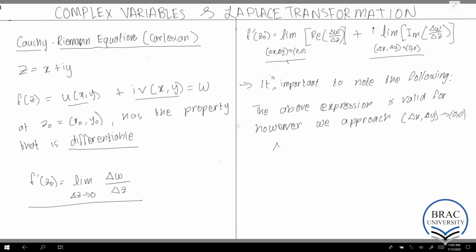I'll draw it again: we can approach this point from multiple different pathways, right? But the above expression, as in the derivative, is valid in any way, however you choose the path. So let me fix a path and let's see what happens.